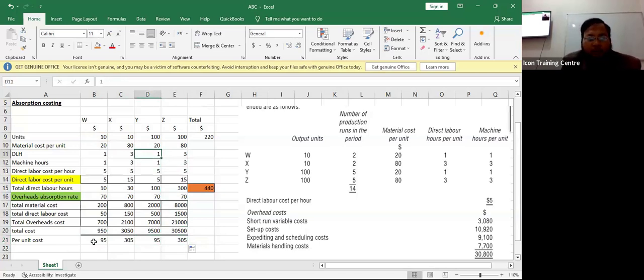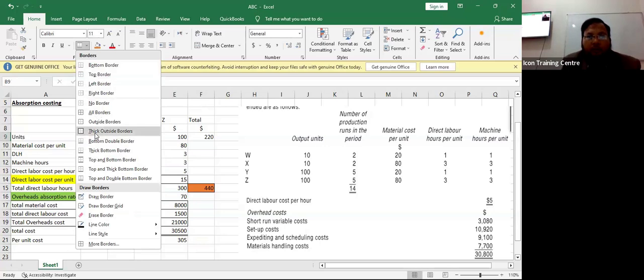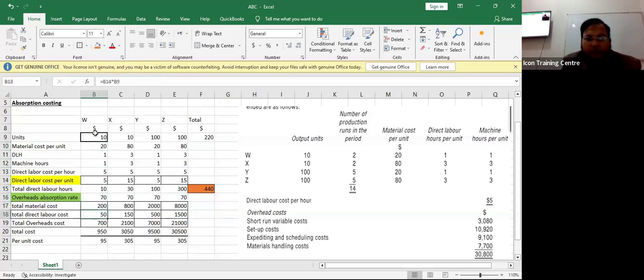Now, the important thing: if you compare this per unit cost with the number of units, then you can clearly understand what is going on. If you need to produce 10 units, you have to incur $95 per unit. And if you need to produce 100 units for Y, again, per unit cost is how much? 95.